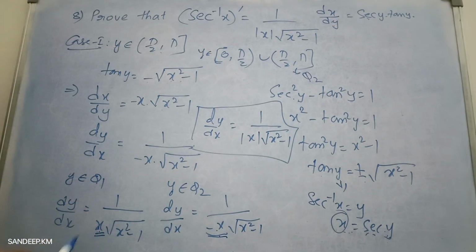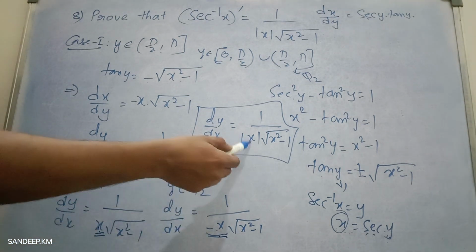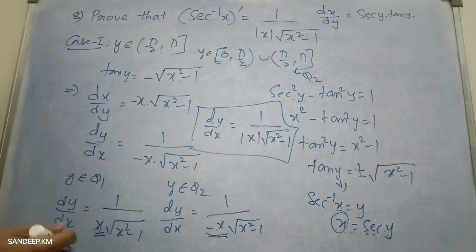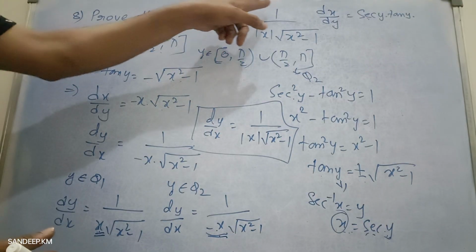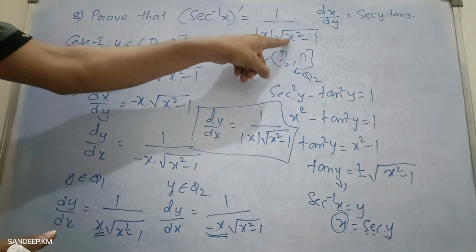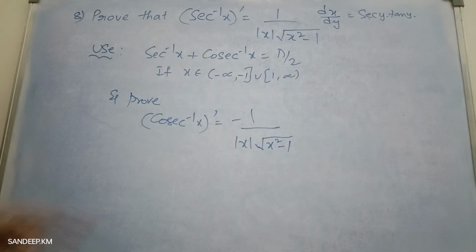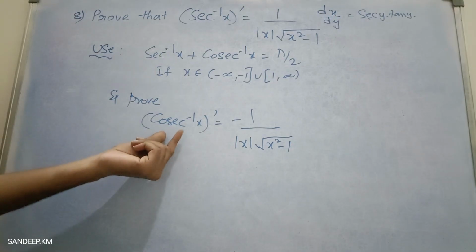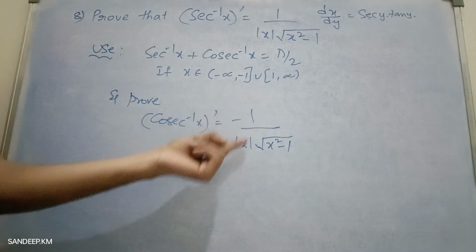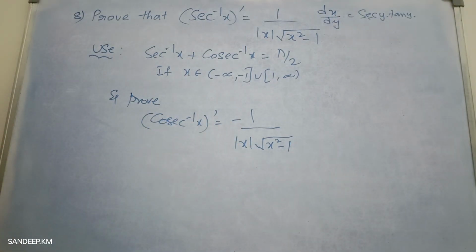So therefore, dear students, the derivative of secant inverse x is 1 by mod x into root of x square minus 1. Can you find the derivative of cosecant inverse x? Use this identity and you can prove that the derivative of cosecant inverse x is minus 1 by mod x into root of x square minus 1.